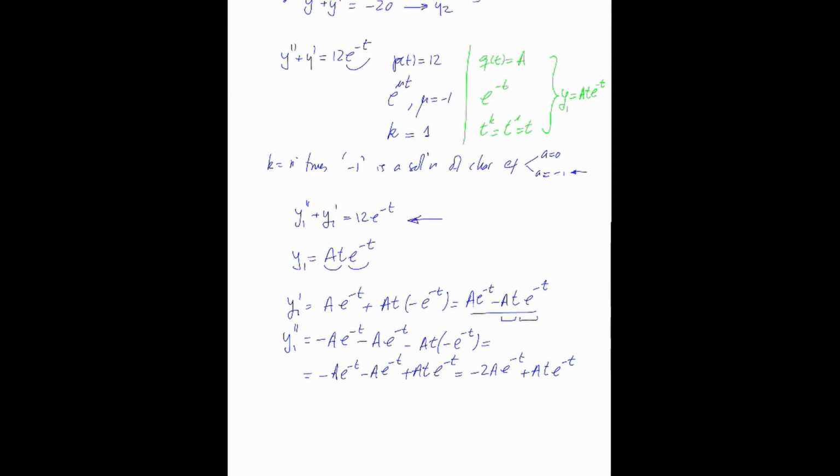So we have the second derivative, minus 2a e to the minus t plus a t e to the minus t. This is y1 double prime, plus the first derivative, which is here, a e to the minus t minus a t e to the minus t, that's plus y1 prime, equals 12e to the minus t.